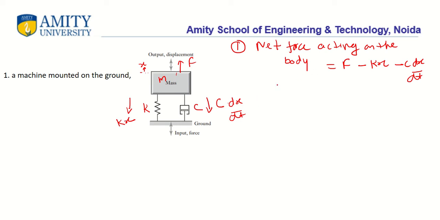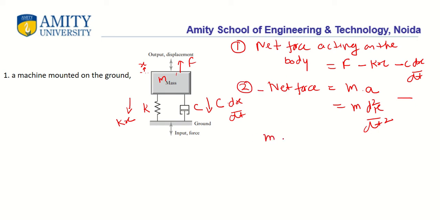So we are going to equate this net force to the inertia force, that is m into a, or m into d2x by dt square. Now I can write m d2x by dt square is equal to F minus kx minus c dx by dt.